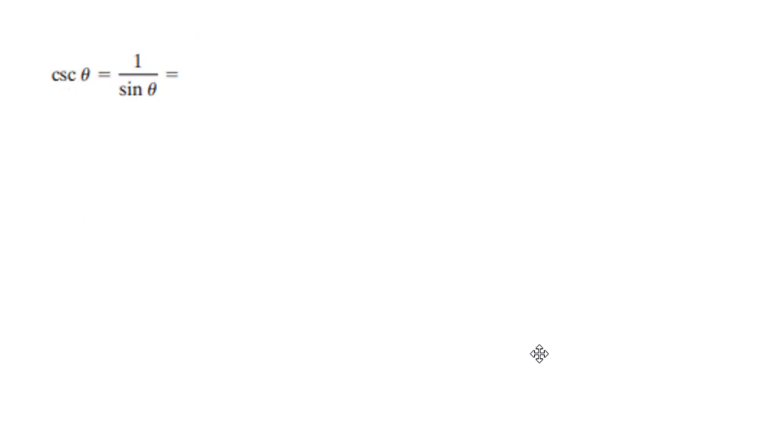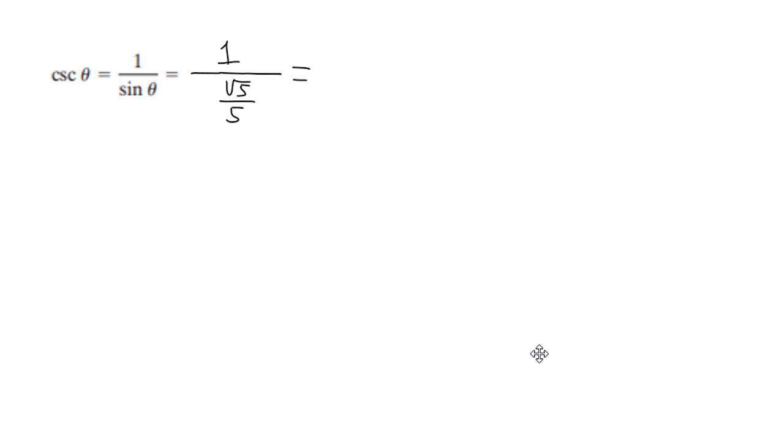Now, we know cosecant of theta is equal to 1 over sine of theta. So it's one of the fundamental identities. And we know sine of theta is square root of 5 over 5. How can we solve this type of division?